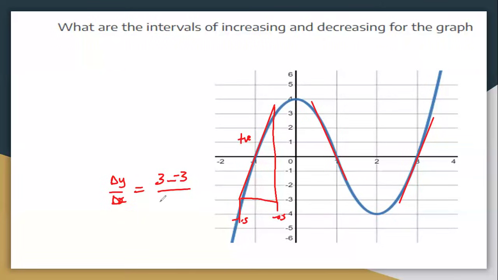Then I'm going to have my gradient between negative 0.5 minus negative 1.5. So you end up with something like 6 out of negative 0.5 plus 1.5, which is a 1. So you end up with a 6. Now that means that the gradient is positive. So the moment your line is like this, it means it's positive.